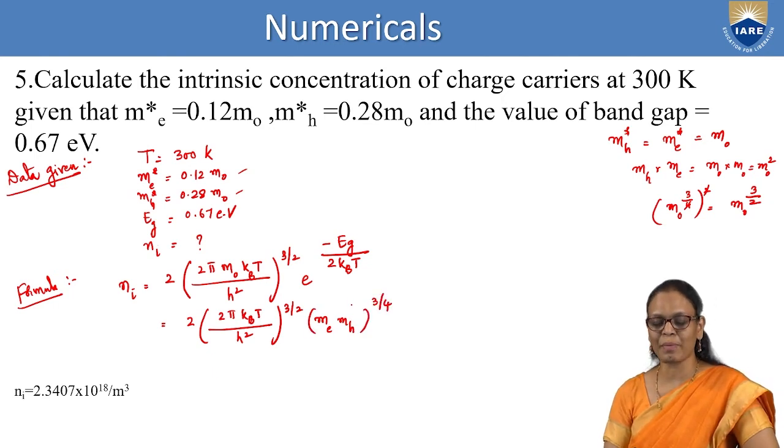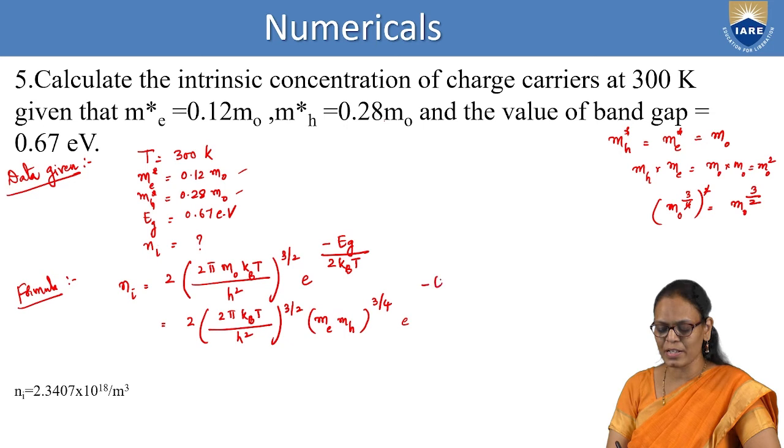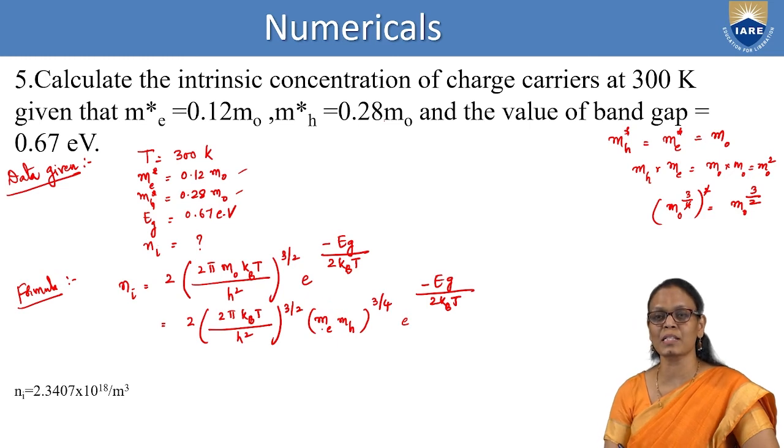Because these two are same, M naught square power 3 by 4, we have got 3 by 2 and we have taken it inside. But because they are not same in the given problem, we are bringing them outside. So we get (Me into MH) power 3 by 4 e power minus Eg by 2 kBT. You need to understand how the formula gets modified with the data given.